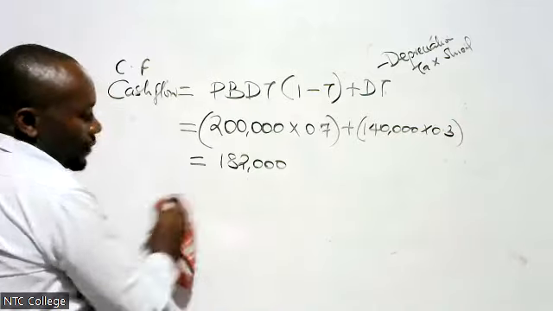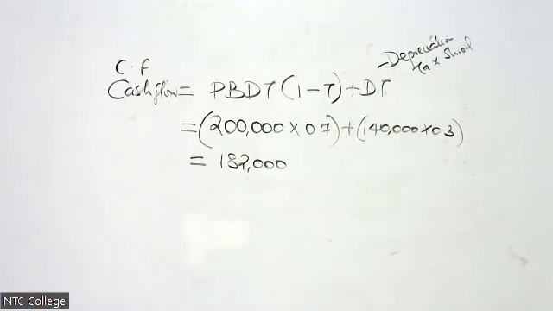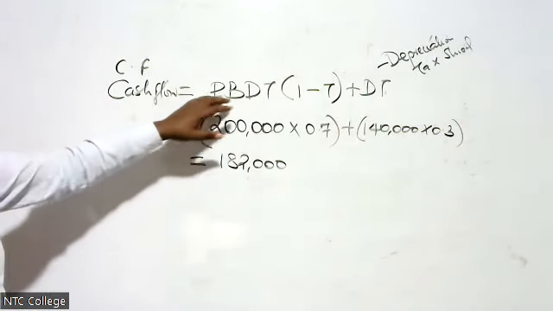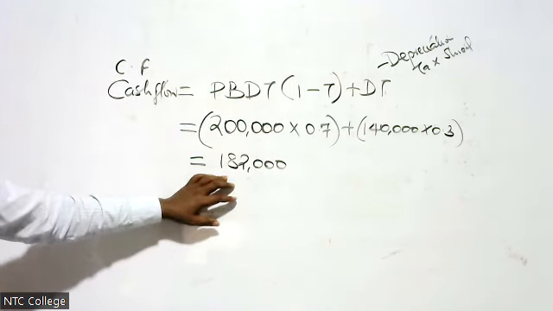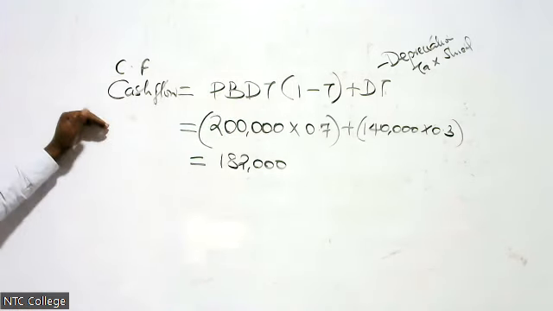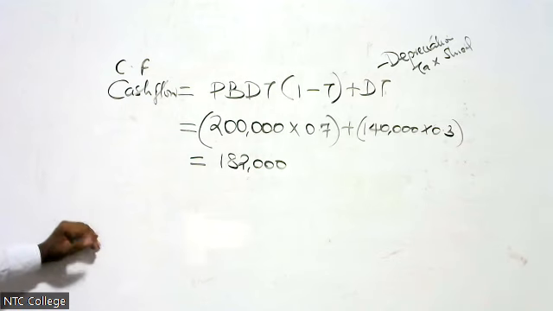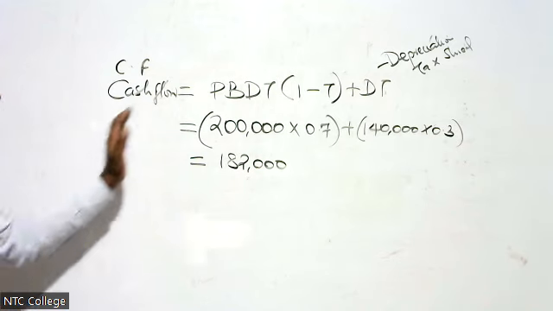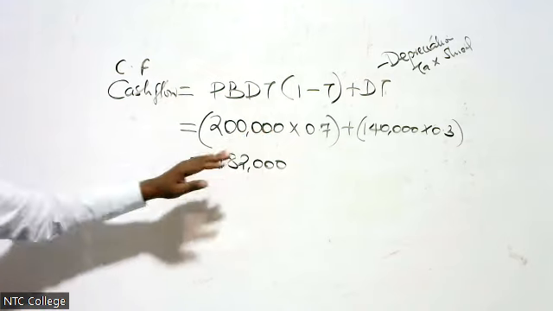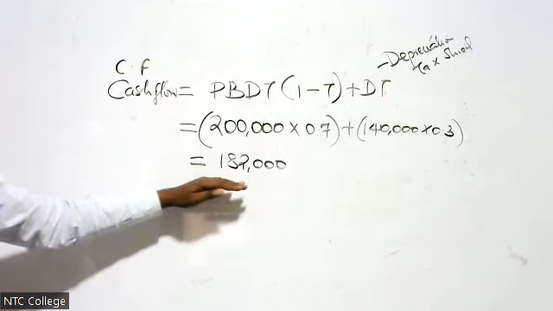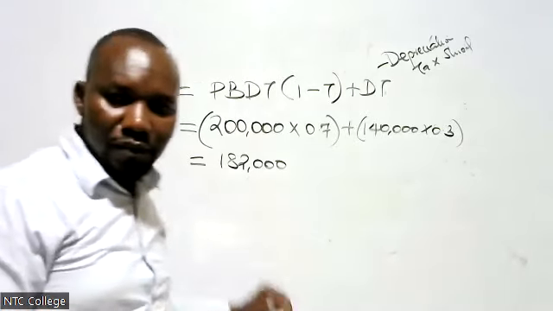Does it make sense? We have verified that cash flow can be gotten through this, which has confirmed 182. Instead of having 200 minus depreciation, tax, add back, we've decided to go through this route, and it has confirmed to us that we can still arrive at 182.